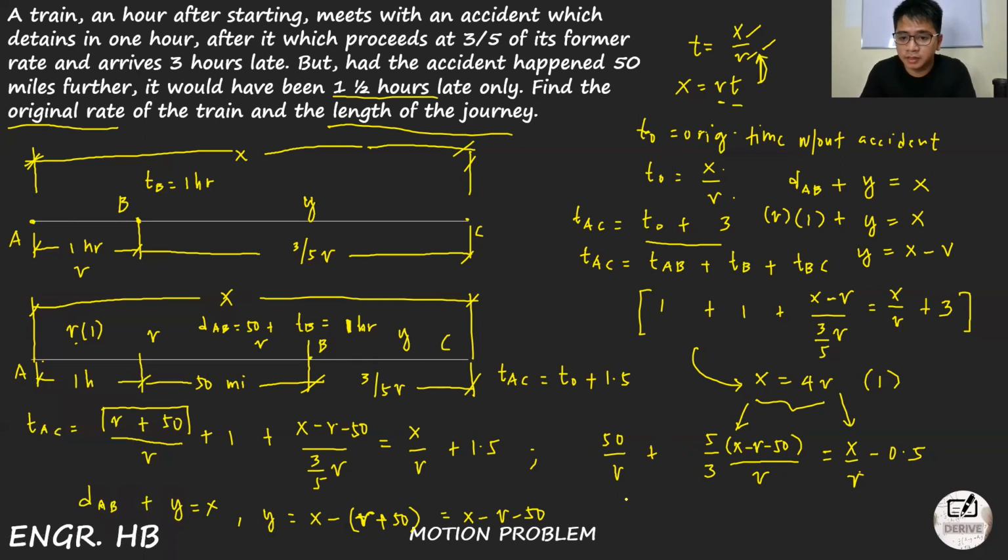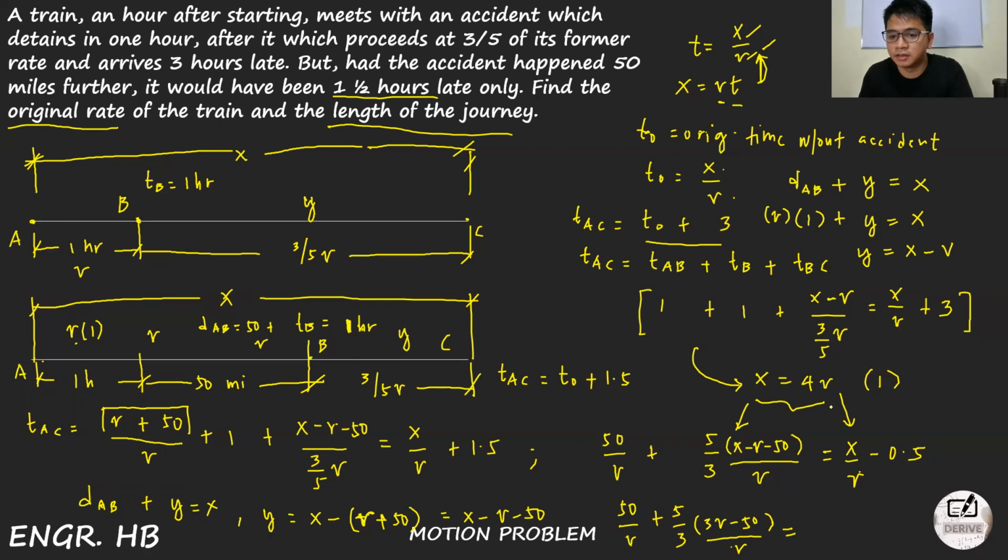So it will become 50 over b plus 5/3. So 4b minus b will become 3b minus 50 divided by b. Ito. Mine is equal to 3v.